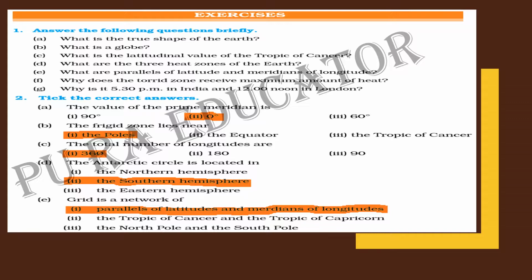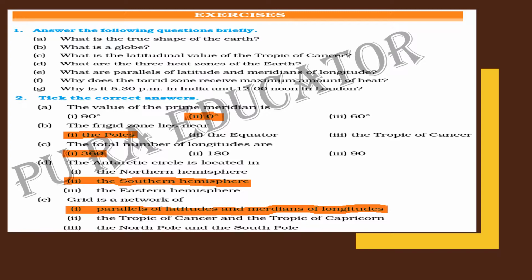Now seventh question is, why is it 5:30 p.m. in India and 12 noon in London? I have discussed it in greater detail, so I will not discuss it here.